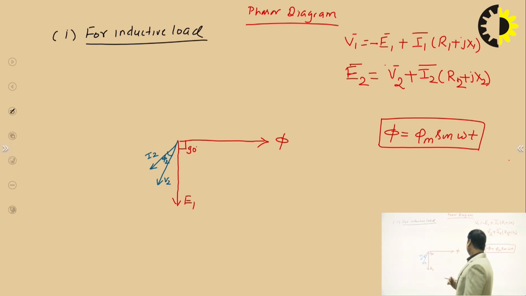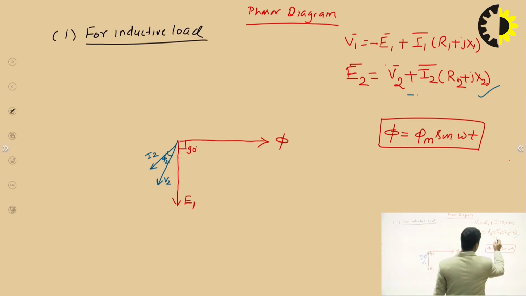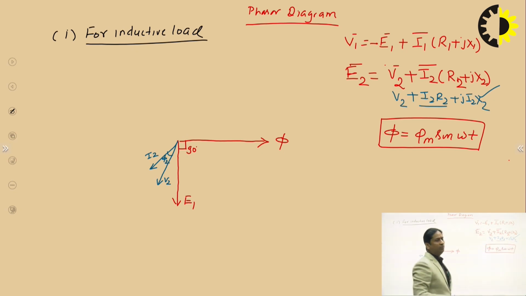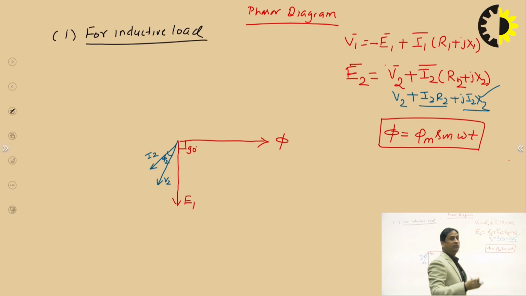Now again, when we see this secondary side equation, E2 is equal to V2 plus I2 R2 plus j I2 into X2. So this I2 R2 is the ohmic drop that is in phase with the current, and this I2 X2 is a drop which is 90 degrees ahead of this current.